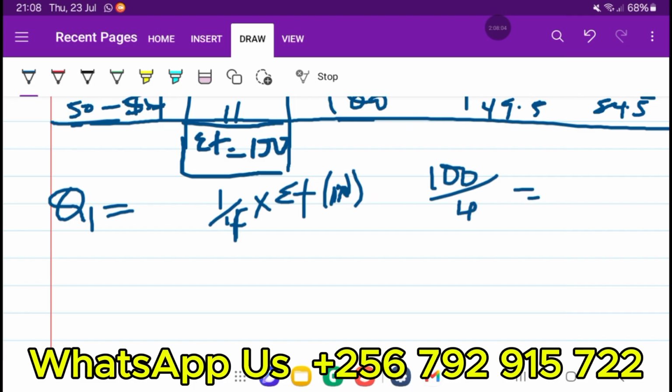That gives you 25. Now this 25 is not the answer. This 25 is a position. So it is this 25 that we shall look for under the cumulative frequency, so that we can get the lower quartile class.